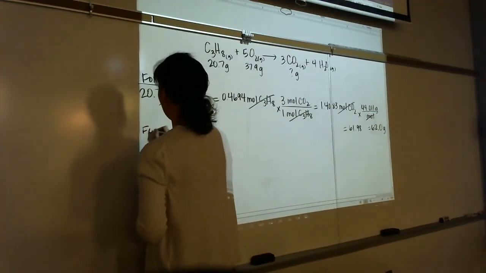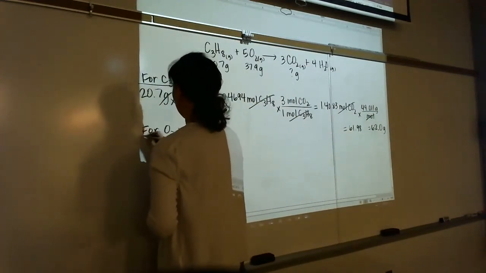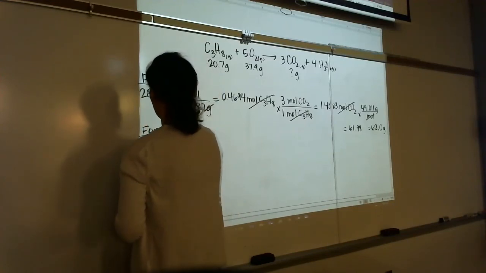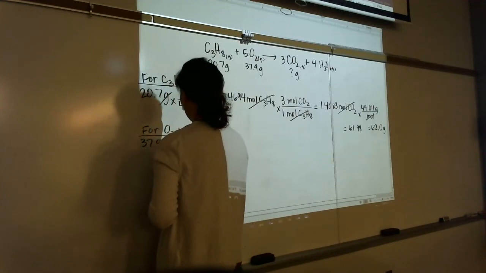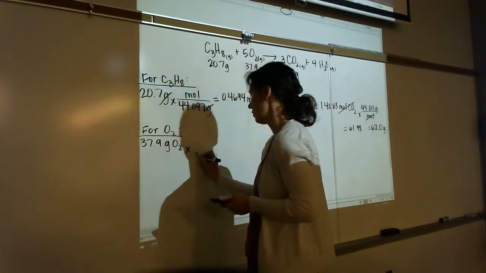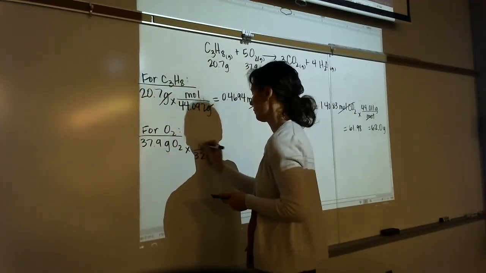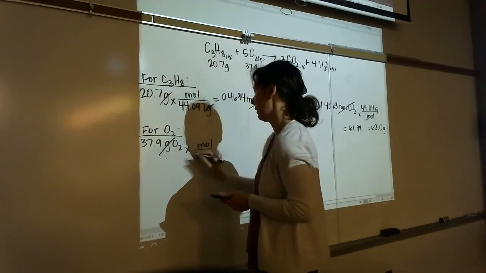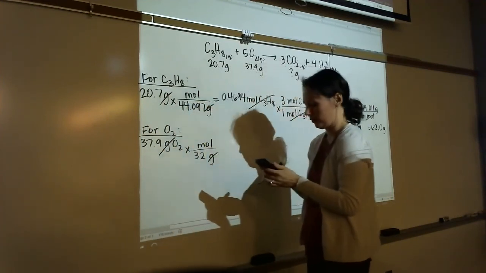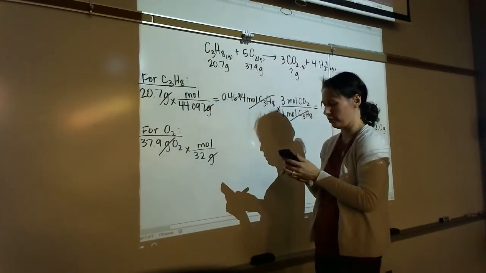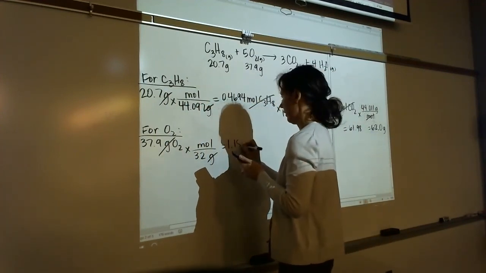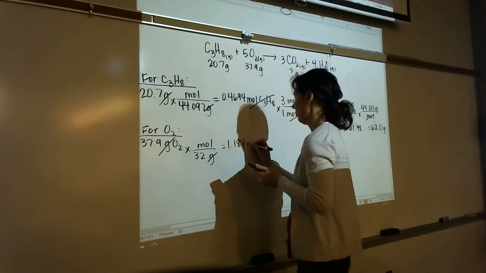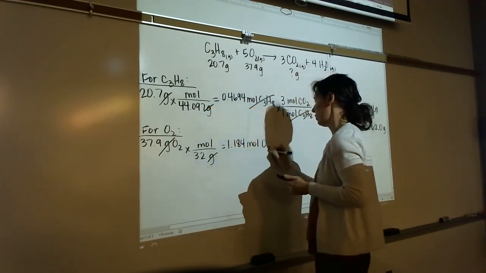So for oxygen, so we've got 37.9 grams O2, 16 and 16 is 32 grams per mole. So grams cancel. 37.9 divided by 32. So that's 1.184 moles O2.